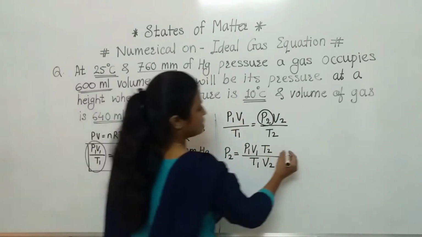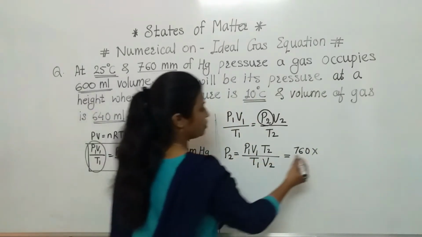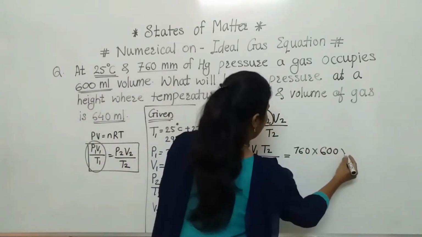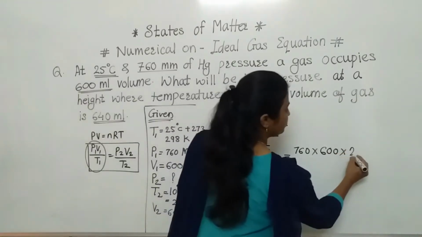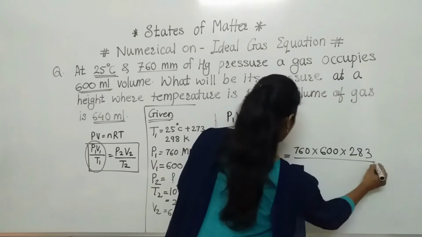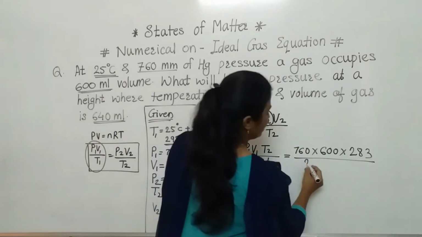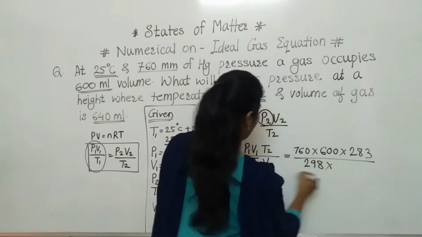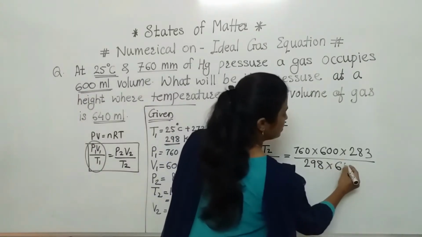P1 is 760 into volume, that is 600, into T2. T2 is 283, and finally divided by T1. T1 is 298, and the second volume is 640.